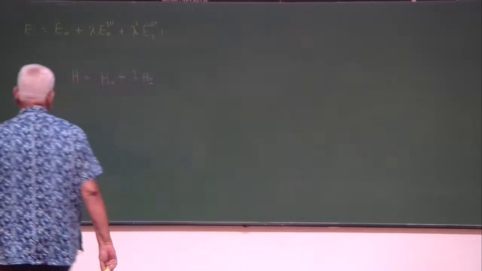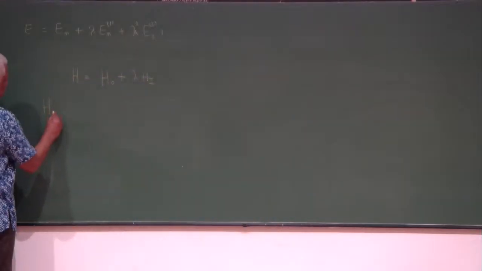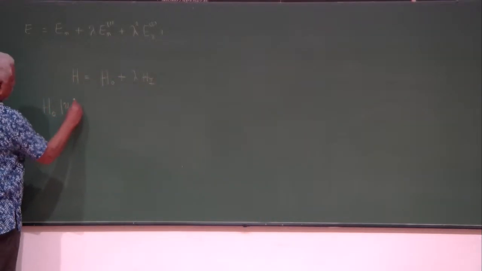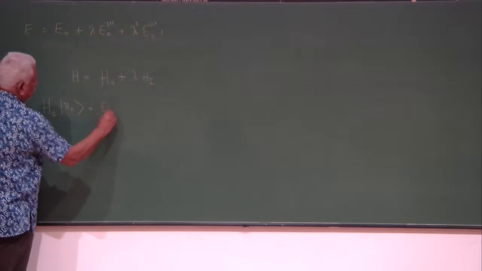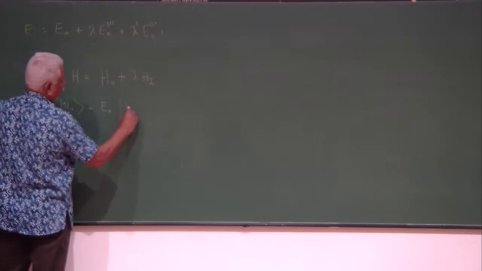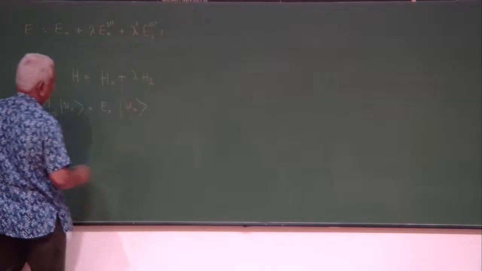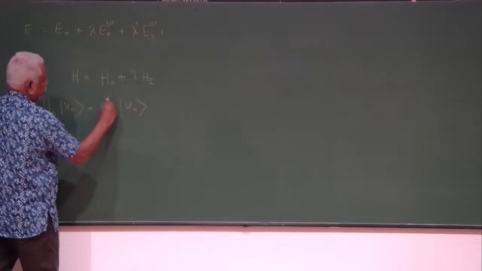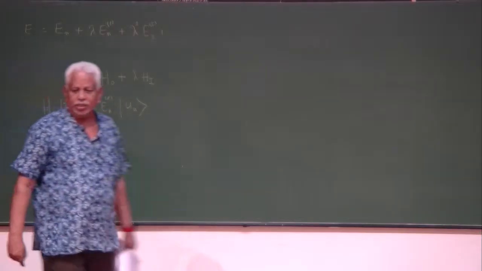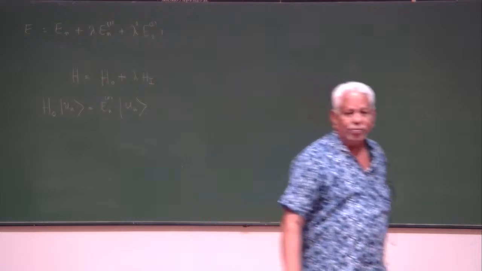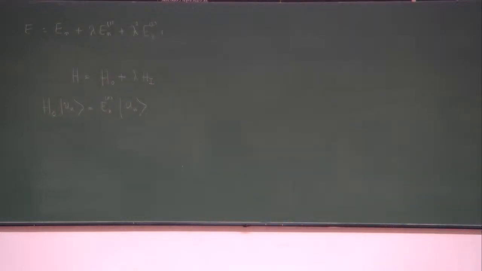They are H naught Un is equal to En Un, and I will call it 0 here to indicate it is the 0th order. Sorry, lambda is 0, not lambda to the power 0.